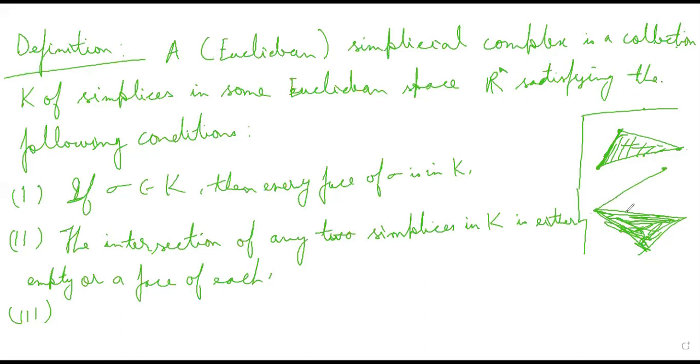Their intersection will be just the zero-dimensional face of this and the zero-dimensional face of this. It is not possible to have a condition something like this.